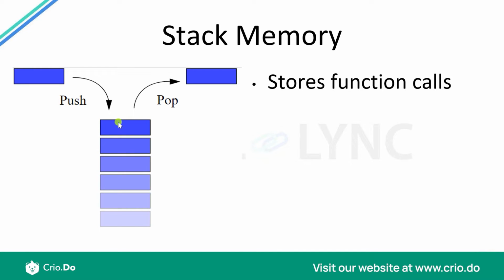And one important use of this particular stack memory is to store all the function and method calls. So there is one function, let's say, the first method which we call is main, right? And then main calls another method that is going to be pushed onto the stack. And that new method also calls another method. And this is how the stack might keep on growing. And as soon as a method completes execution, the stack would pop off that particular method block.